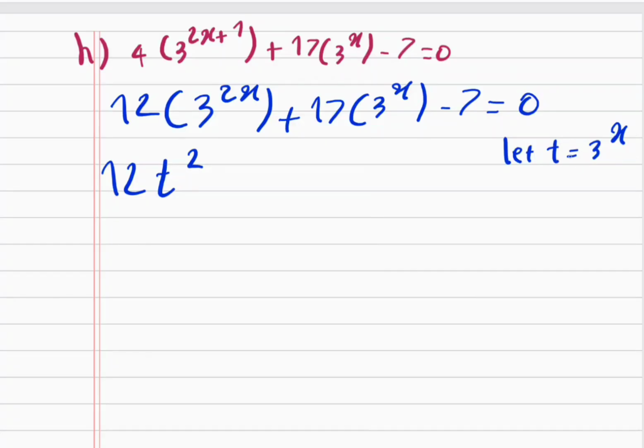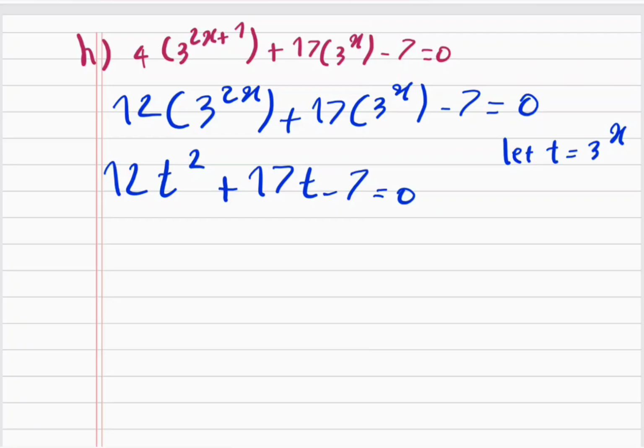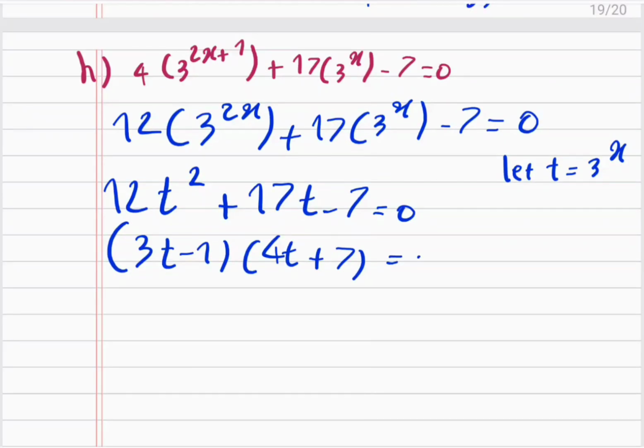The second term is just t, so we have 12t squared plus 17t minus 7 is equal to 0. We can now factorize, and it becomes 3t minus 1 times 4t plus 7 is equal to 0. So we set each bracket equal to 0. The first bracket gives us t equals 1 over 3, and the second bracket gives us t equals minus 7 over 4.